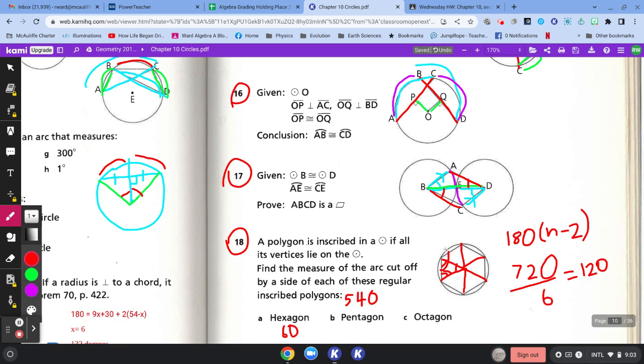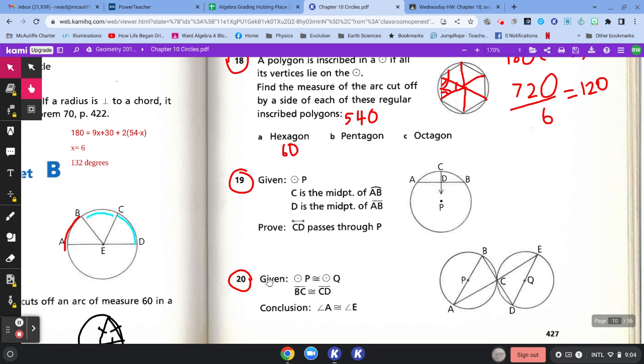Half of 108 is 54, so you'd have two base angles that are 54, and then you could work out the central angle from what's left of 180. We can do the same thing on the octagon. I'm not going to solve that; I'm going to let you work that out yourself.